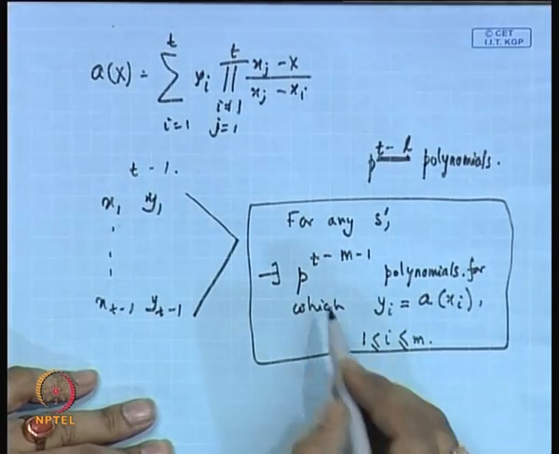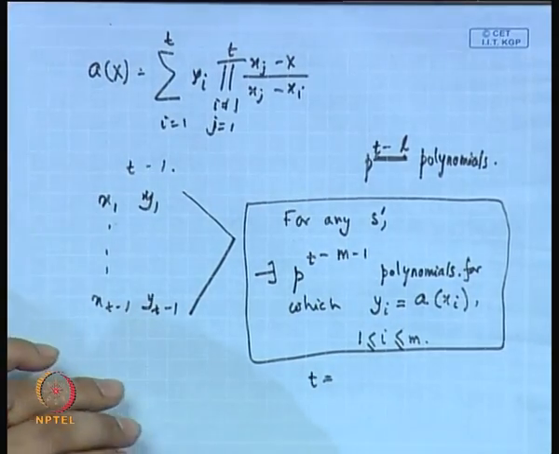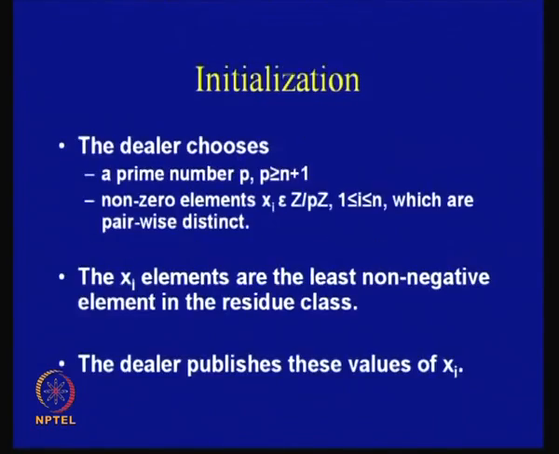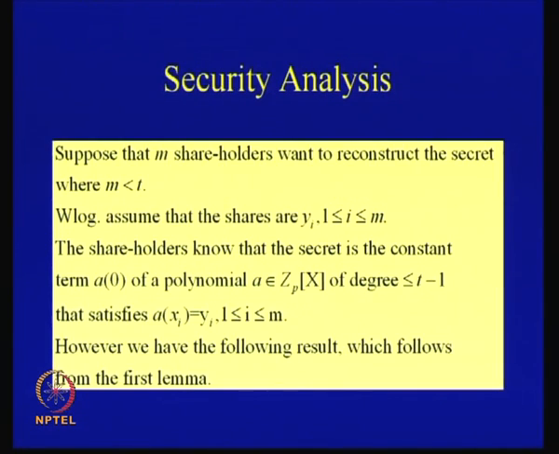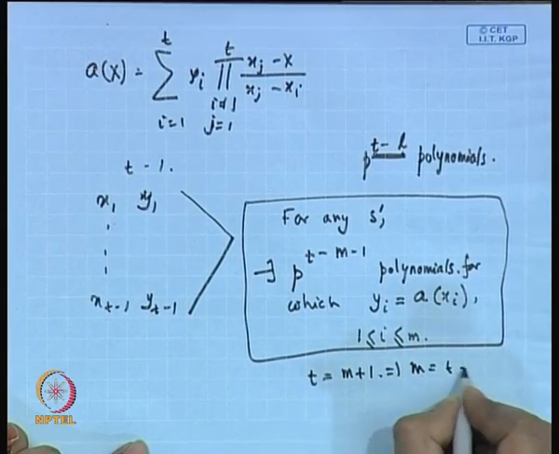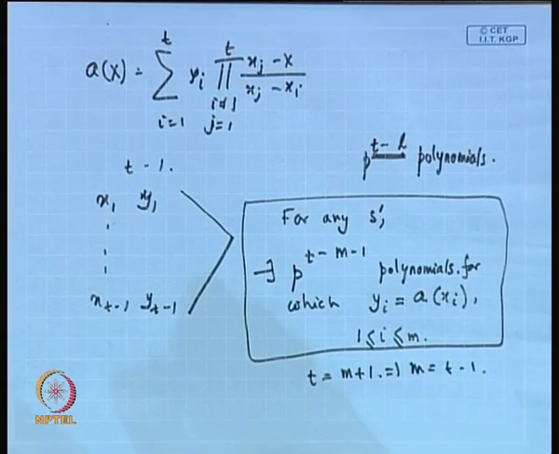So, you see that if you set your t to be exactly equal to m plus 1, or rather m is equal to t minus 1, then how many polynomials are there? That is exactly one polynomial.